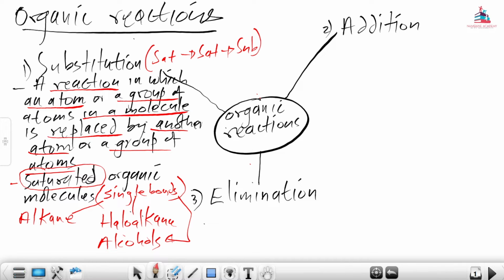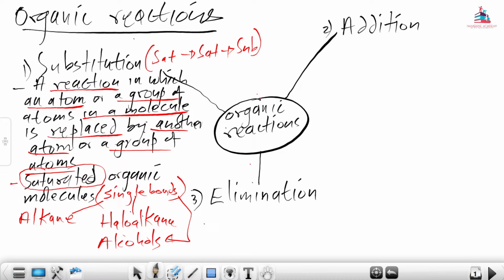So we are moving from a single bond to another single bond. Then that reaction must be a substitution reaction. Because remember, from the definition, we are only replacing. So if I was having a single bond, I will still continue having the single bond. But now what about addition reaction?